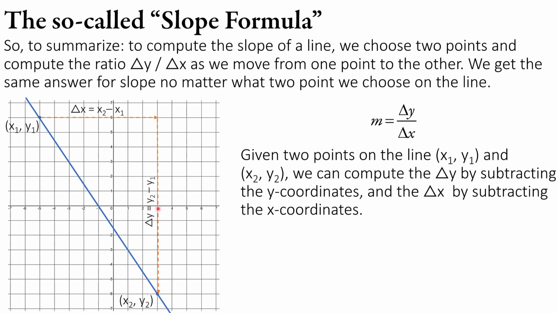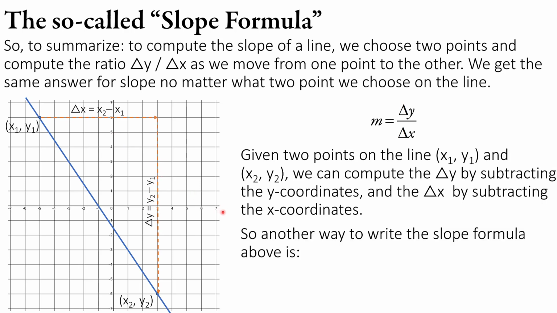If we do 3 minus negative 5, we get the change of plus 8. Likewise with the y-coordinates, if we do negative 6 minus 6, we get the change of negative 12 because we're moving down 12. So we can compute delta y and delta x by subtracting coordinates.